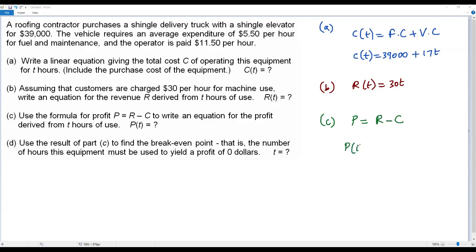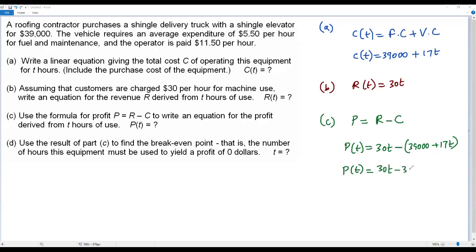So P of T equals, we already got the revenue, that is 30T. We have 30T negative, and we already got the cost, that is 39,000 positive 17T. Let's write this one in parentheses, 39,000 positive 17T. Okay, now let's do some simplification over here. 30T. Now we can distribute this negative sign to this and this.